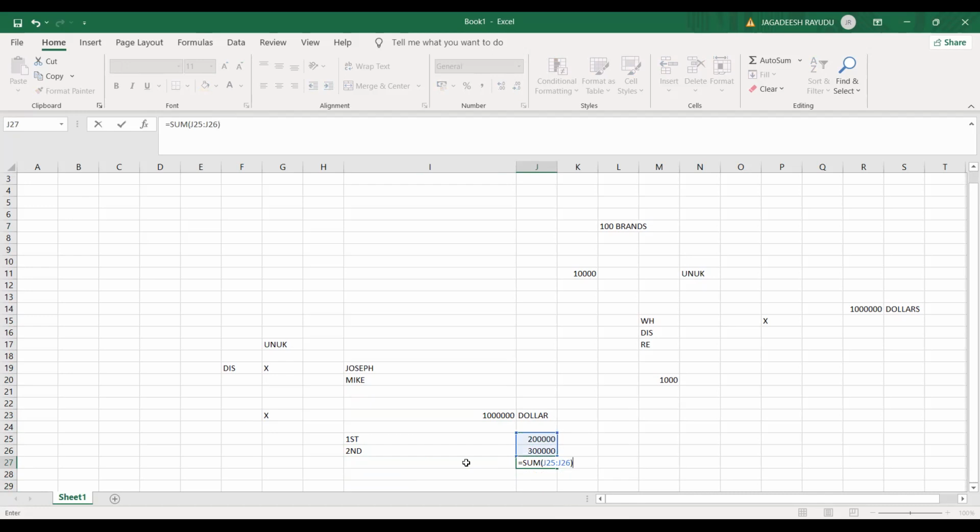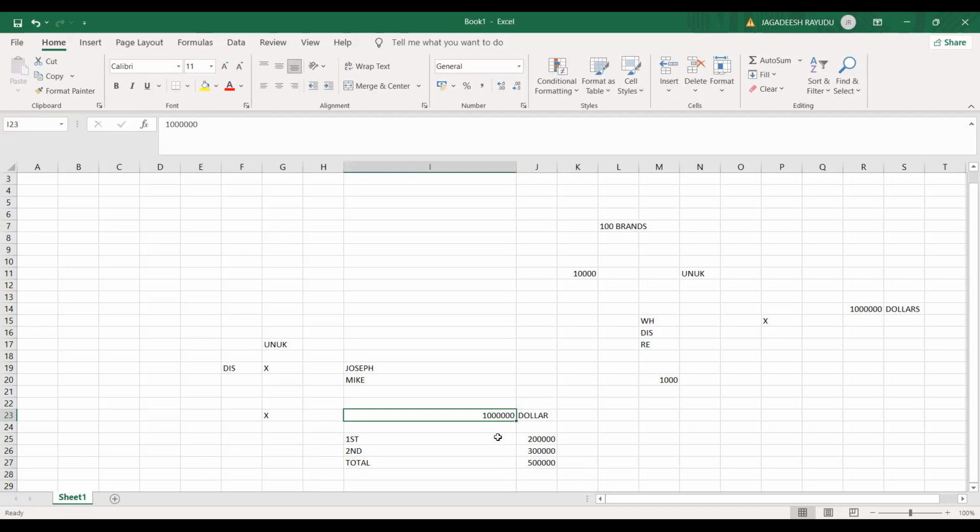If you see this, 5 lakhs total he consumed. Whatever he utilized out of the 10 lakhs will come as a balance. Let's assume this 10 lakhs is the credit limit for customer, my distributor X.